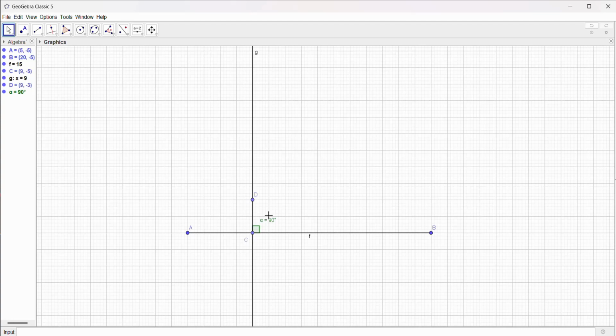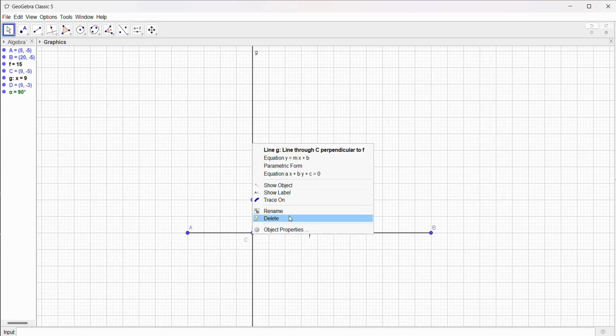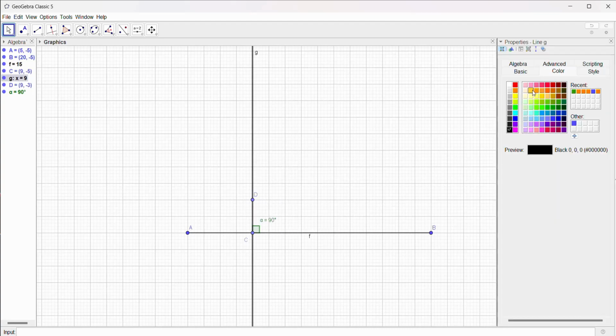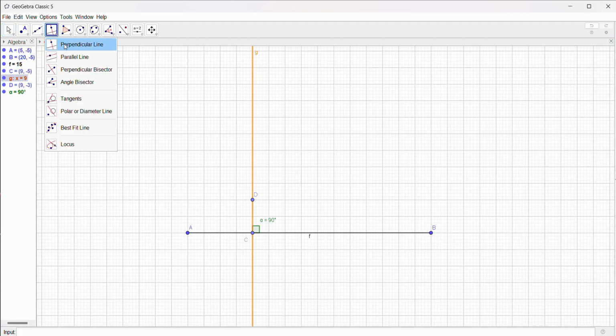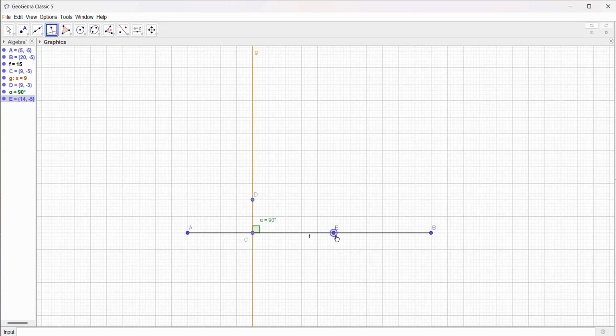Now you can draw an infinite number of perpendicular lines on a given line segment. So I'm going to change the color of this perpendicular line to show you that there can be more than one perpendicular line on the same line segment. Now I'm going to drop another perpendicular line. Let's take another perpendicular line, and I'm going to click on this line segment and place it here.